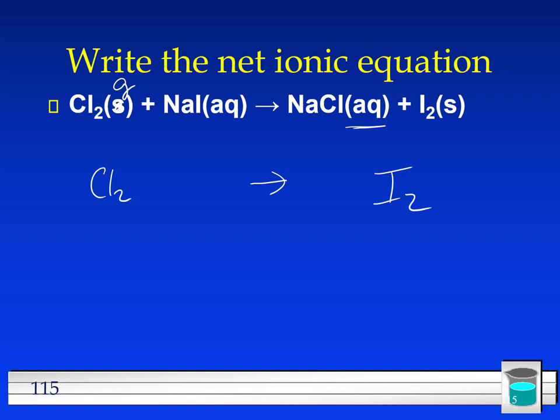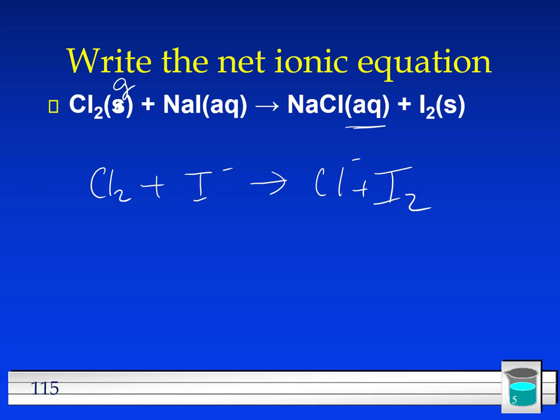On the reactant side, I need the I- ion. And on the product side, I need the Cl- ion. Everybody okay with that? Because I know the Cl2 and the I2 got to be there.